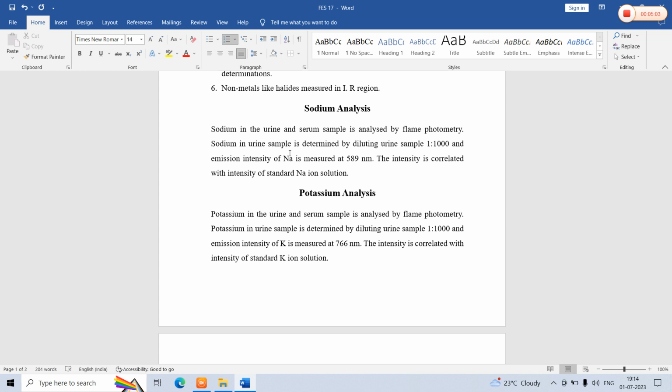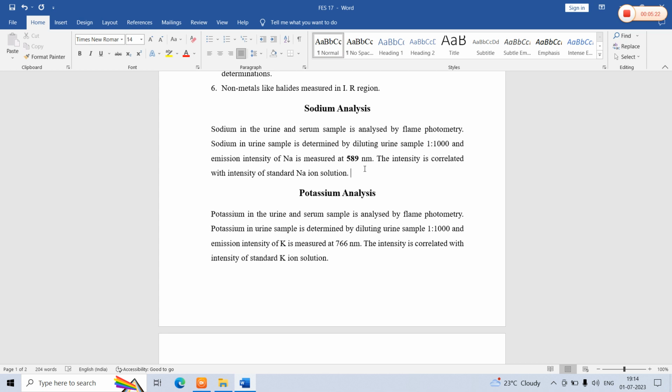Sodium has a standard wavelength of 589, and we detect sodium at this wavelength. This is an important line.